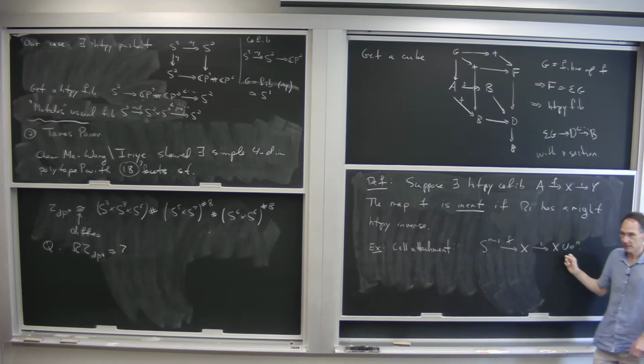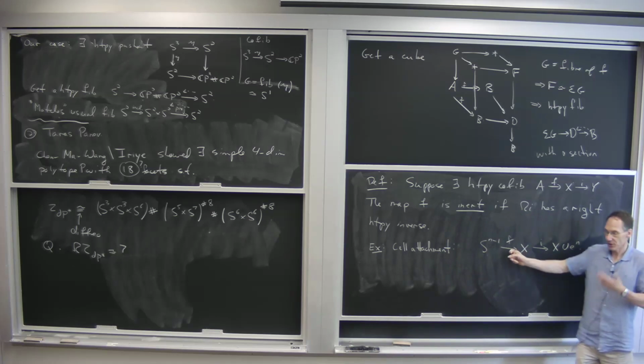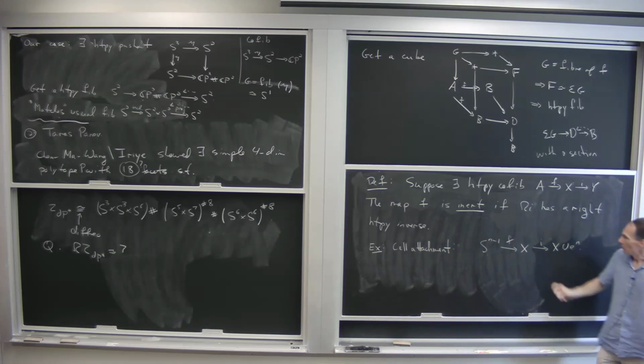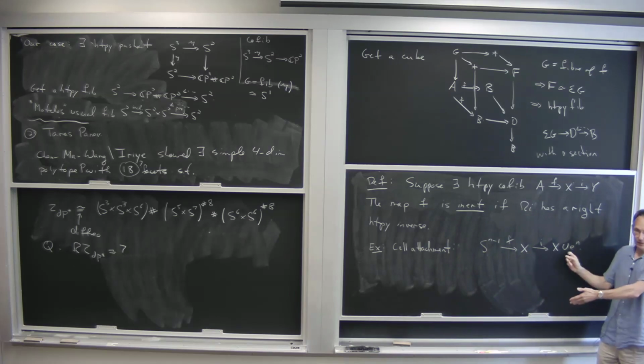So when you do this, if this is just some random map F, what normally happens is you would kill off some of the homotopy groups of X, but then introduce new ones in the cofiber.